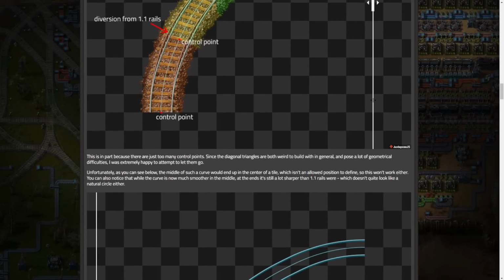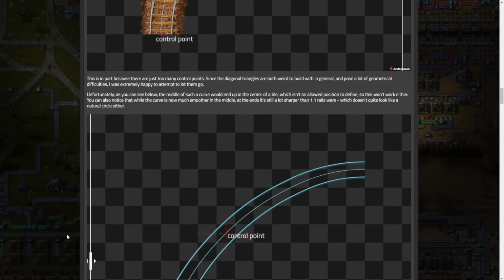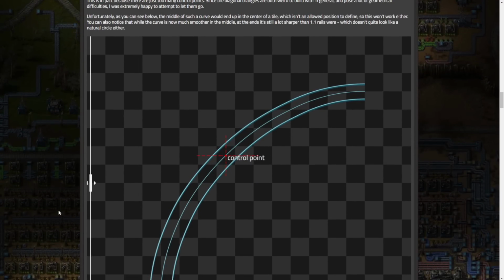This is in part because there are just too many control points. The diagonal triangles are both weird to build with in general and pose a lot of geometrical difficulties, but they were happy to attempt to let them go. Unfortunately, as you can see below, the middle of such a curve would end up in the center of a tile, which isn't allowed. Again, like I said earlier, it has to be on the edge or the corner of a tile.